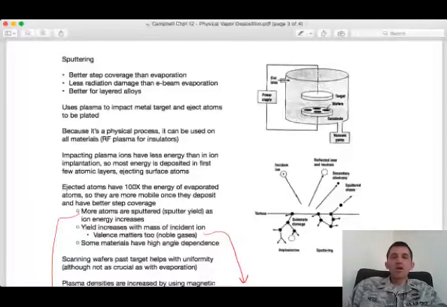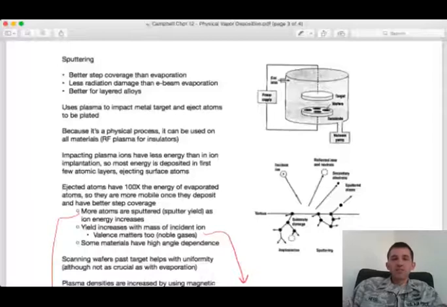So I might start with an alloy of a certain composition, but I'm going to plate an alloy of a different composition because it's easier to evaporate the atom that has the lower melting point and the higher vapor pressure. And so if I want to deposit an alloy of a certain composition, I may need to have two crucibles that I can run at different temperatures, right?